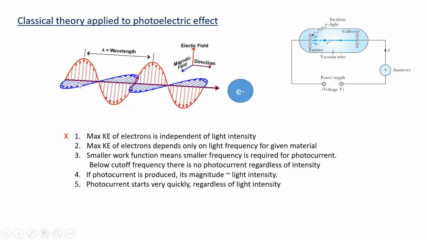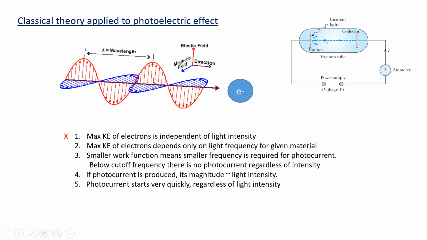Well, you might remember that the frequency of light is related to the wavelength. The greater the wavelength, the lower the frequency, and vice versa. So it turns out that the amount of energy that's transmitted to this electron is not dependent on the wavelength. So it doesn't matter if the electric field comes along varying really slowly across a great distance or very quickly across a small distance.